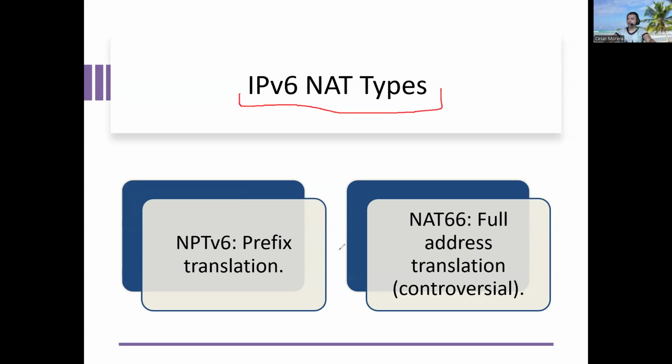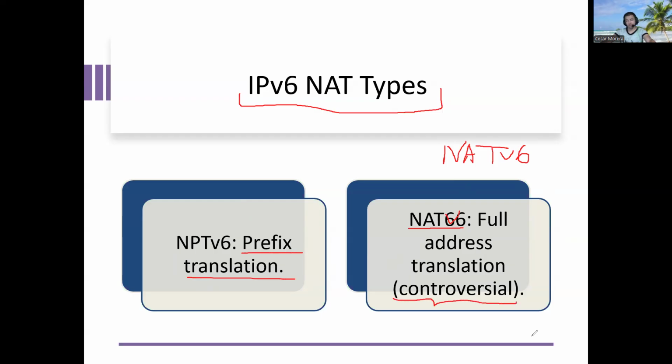IPv6 NAT types. NAT has some different types. In this case, we have NAT version 6 and NPTv6. NPTv6 is the prefix translation, and NAT66 is the full address translation.